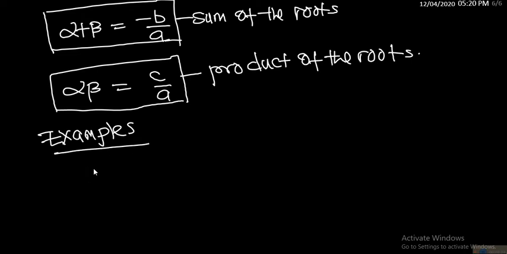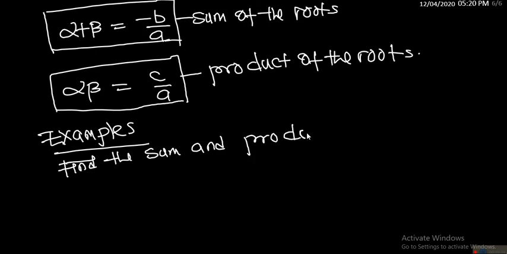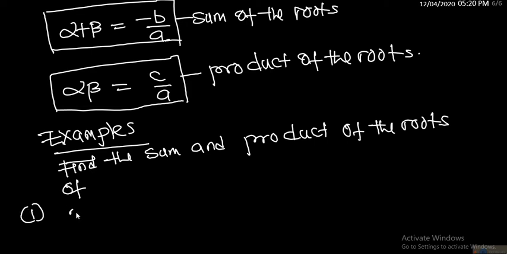Find the sum and product of the root of each of the following. Find the sum and product of the root of, let's say, 1, 2x squared minus 3x plus 4 equals 0.